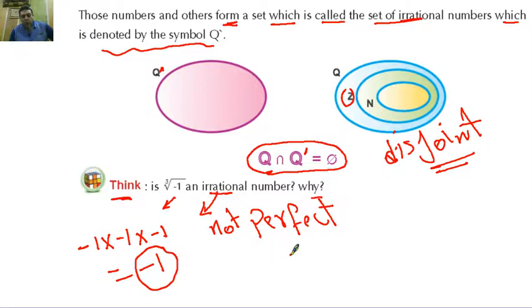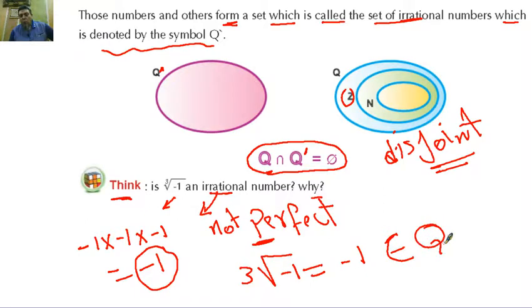So the cube root of negative 1 equals negative 1. So negative 1 is a perfect cube. So the cube root of negative 1 belongs to Q, not Q dash. It is a rational number, not irrational.